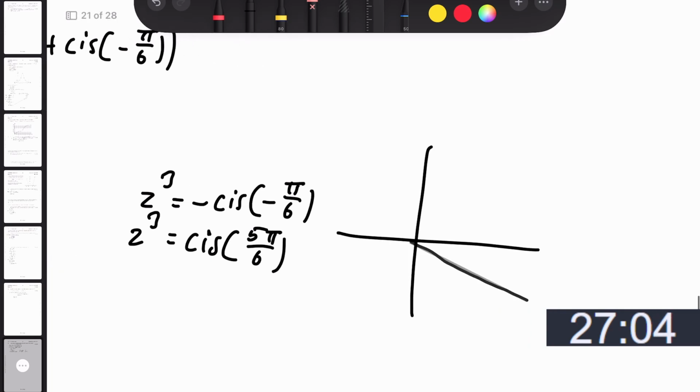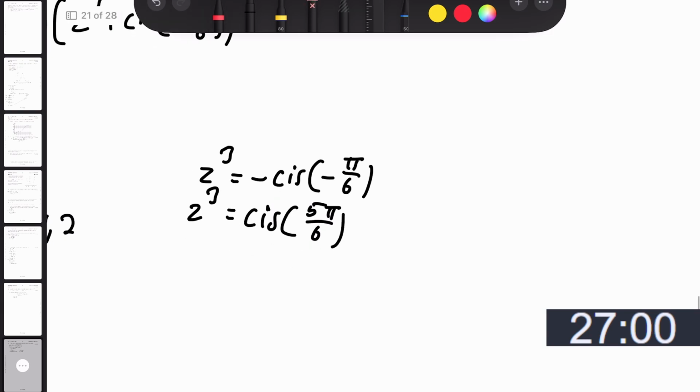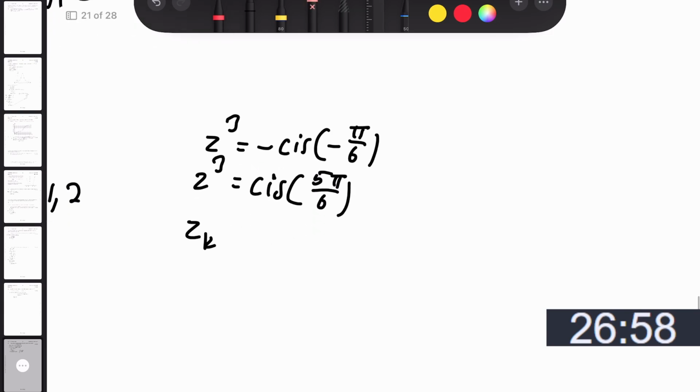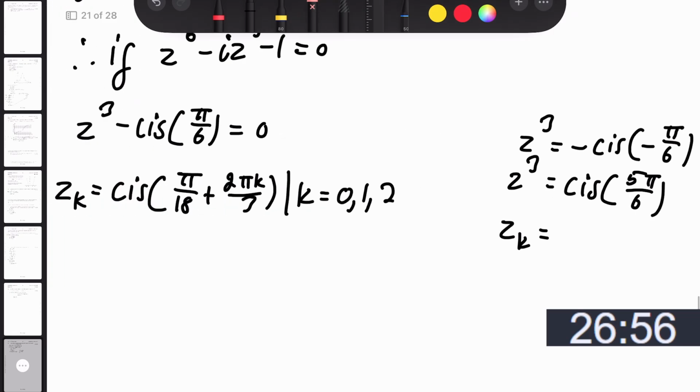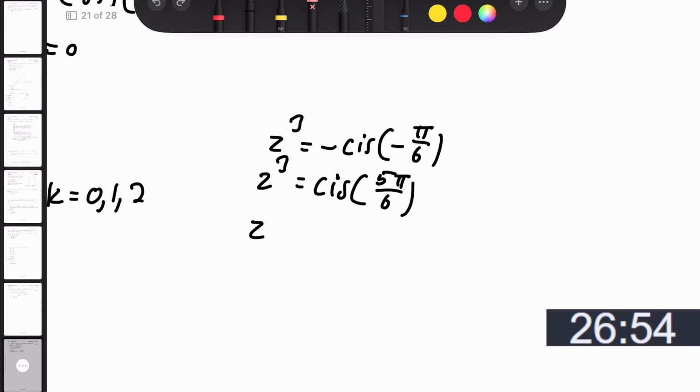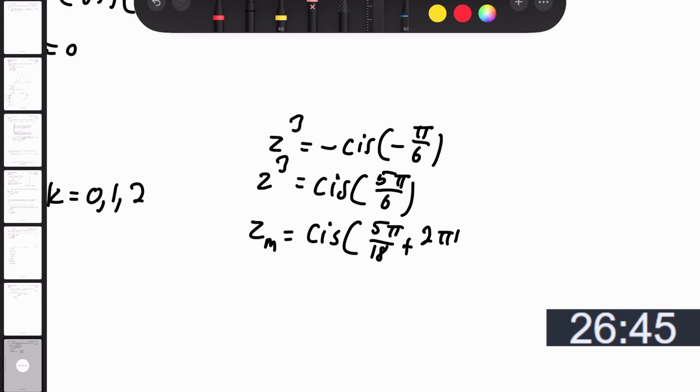We have a negative of 6 here, and then I add a pi. 5 pi on 6, yeah, so it's negative. So then Zm, let's say this is Z, like M is equal to cis of 5 pi on 18 plus 2 pi M on 3, given that M is equal to 0, 1, or 2.